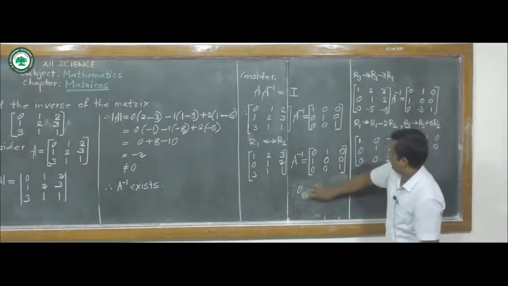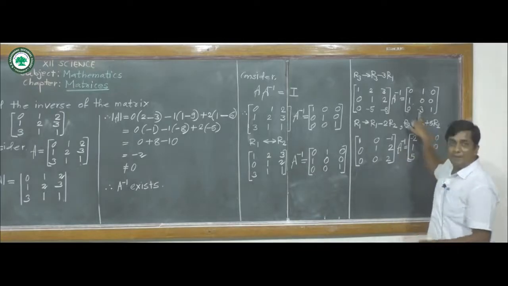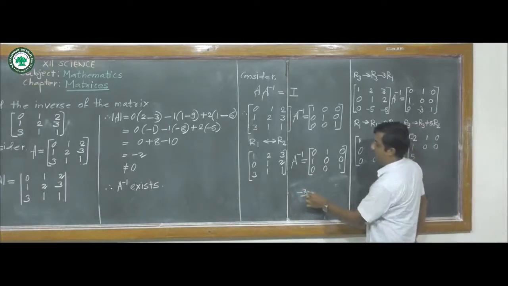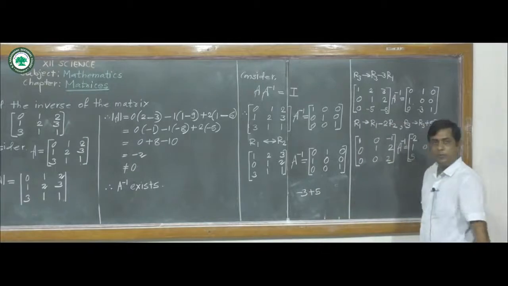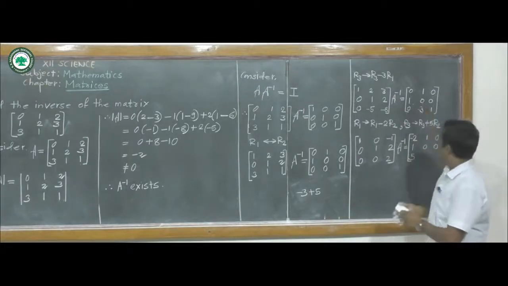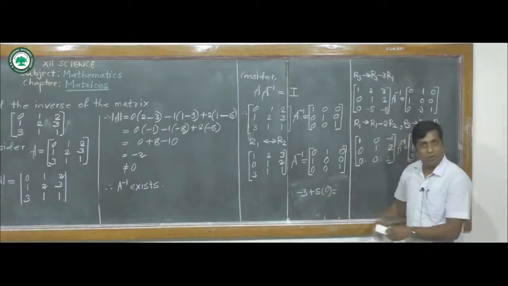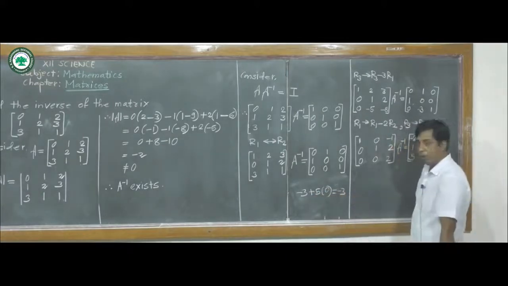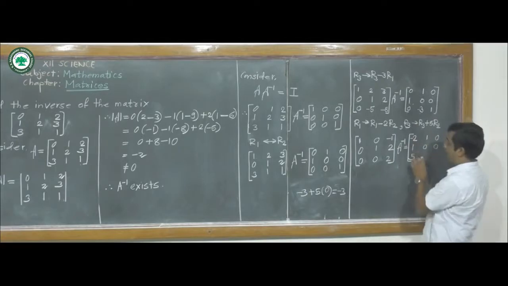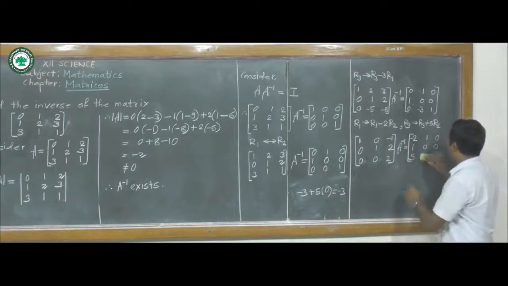Next, the second element from row 3 is -3 with plus 5 into the second element from row second, which is 0. We know -3 plus 0 is -3. So here in the position of -3 again we have -3.